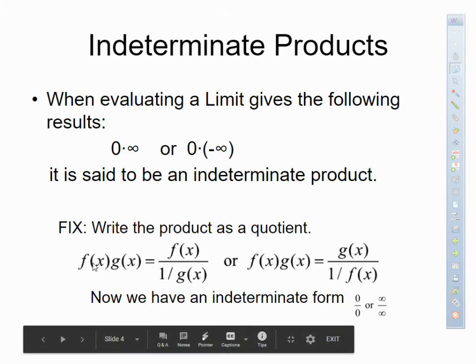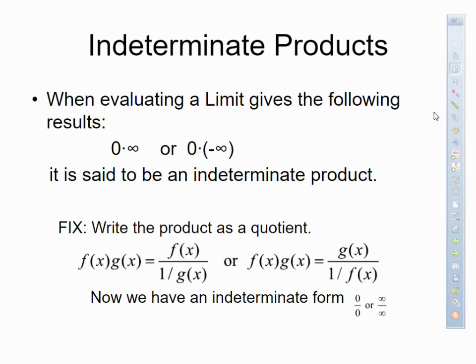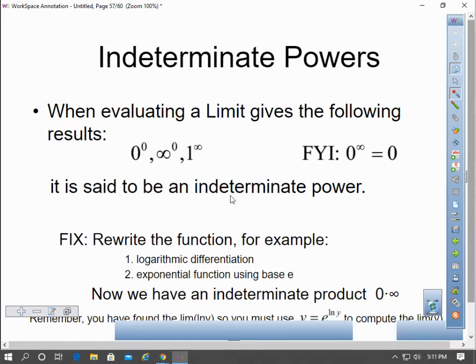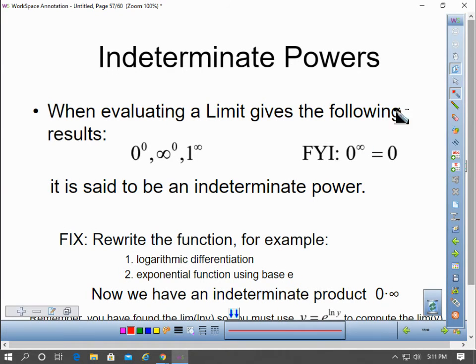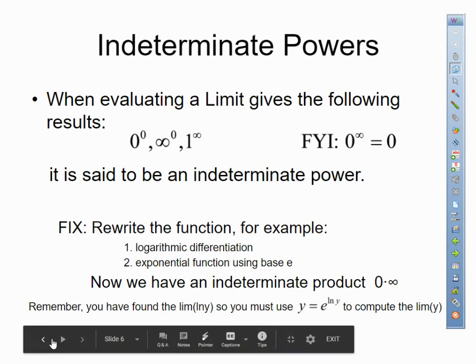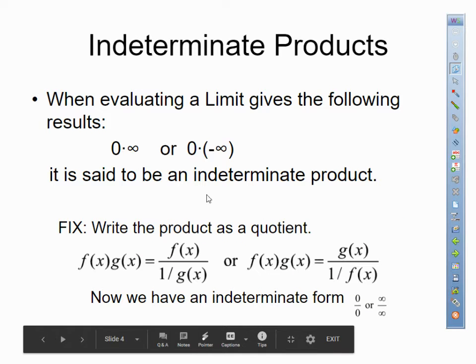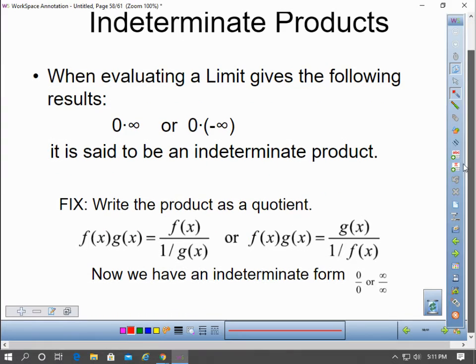So if we have a product like f times g, and this product, f times g, gives you 0 times infinity or 0 times negative infinity, then you're going to rewrite the problem so that we don't have 0 times infinity.